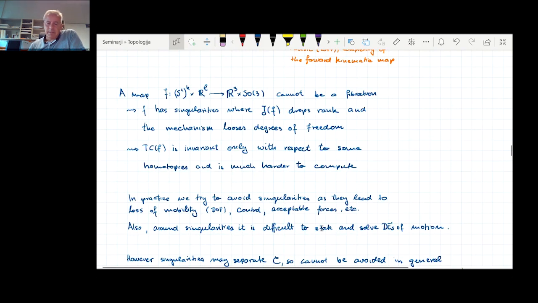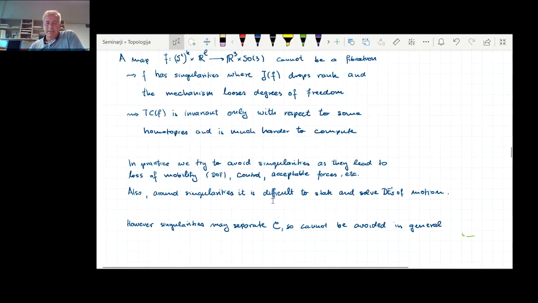And from the computational viewpoint, if you have singularities, then around those it is difficult to state and solve differential equations of motion, which is basically your problem, especially when you study the dynamics of a machine. The problem is that singularities may separate the configuration space.